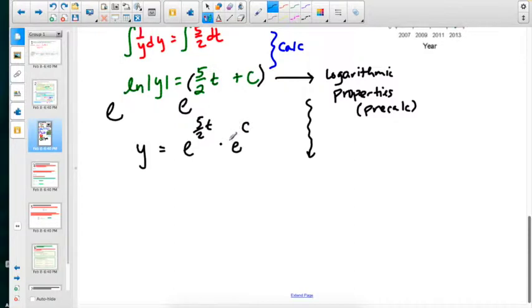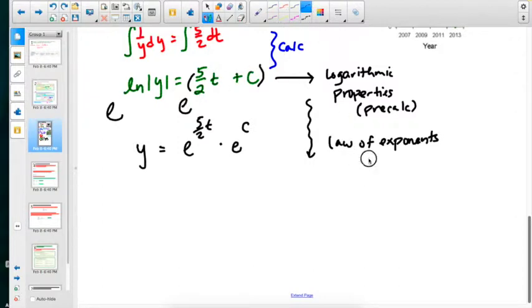This is just your law of exponents here. We can add exponents when we have the same base.